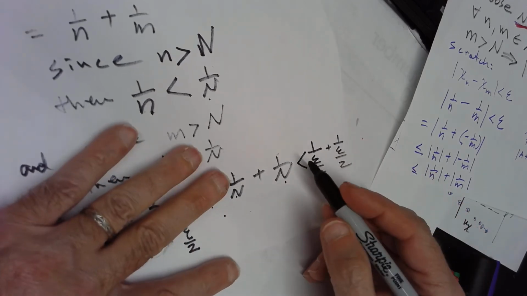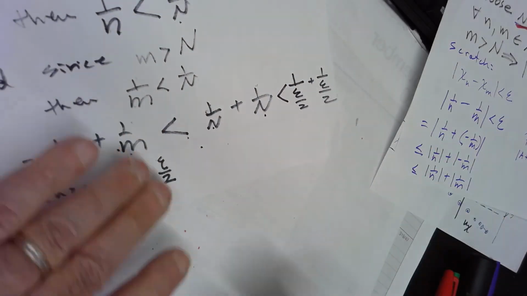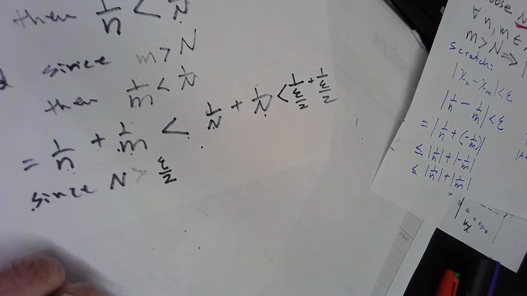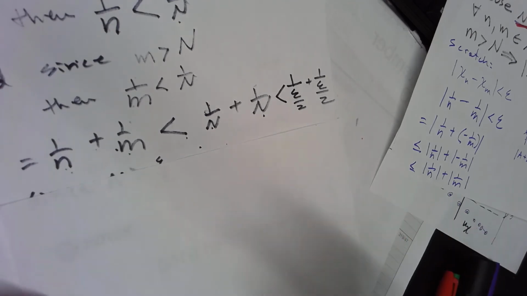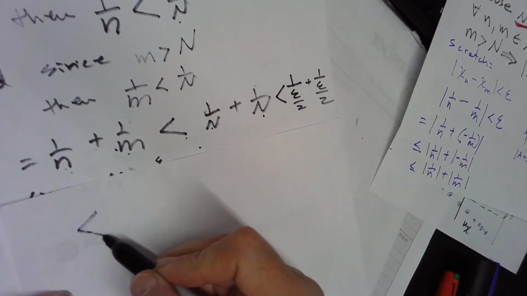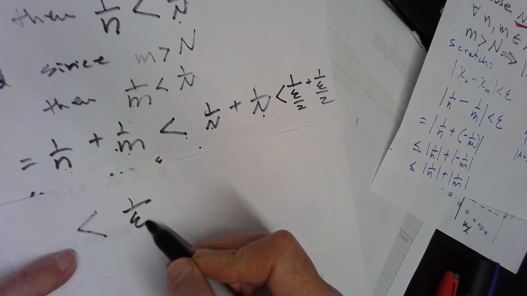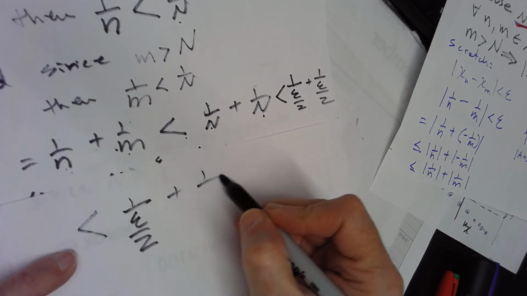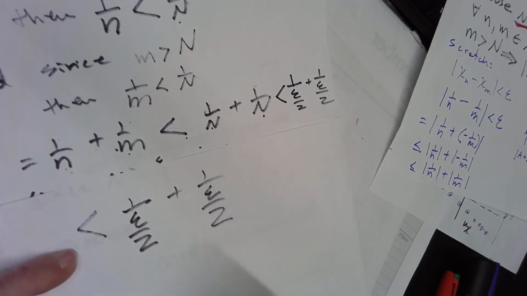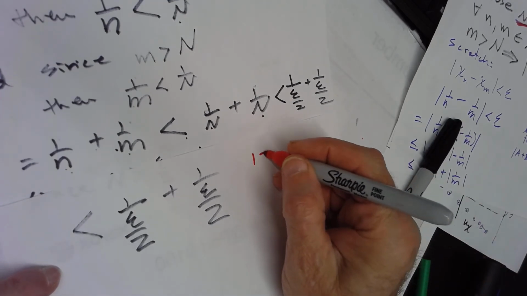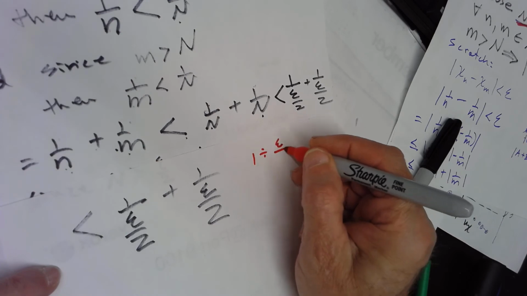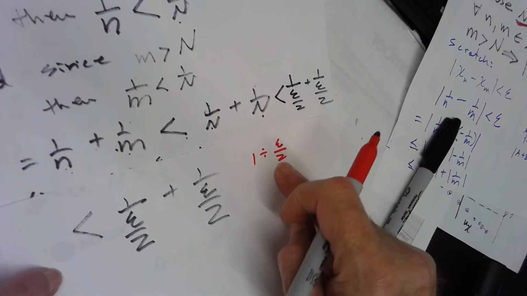Okay, so here, let's look at this. So this is what we've got. We've got 1 over epsilon over 2 plus 1 over epsilon over 2. So that's like saying 1 divided by epsilon over 2. Well, we're dividing fractions.